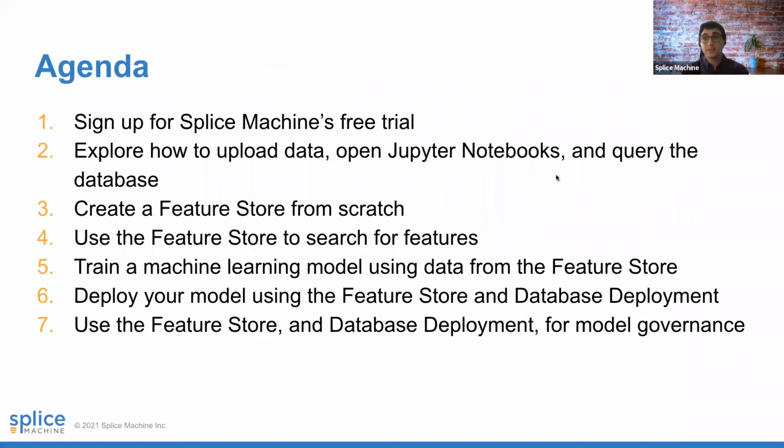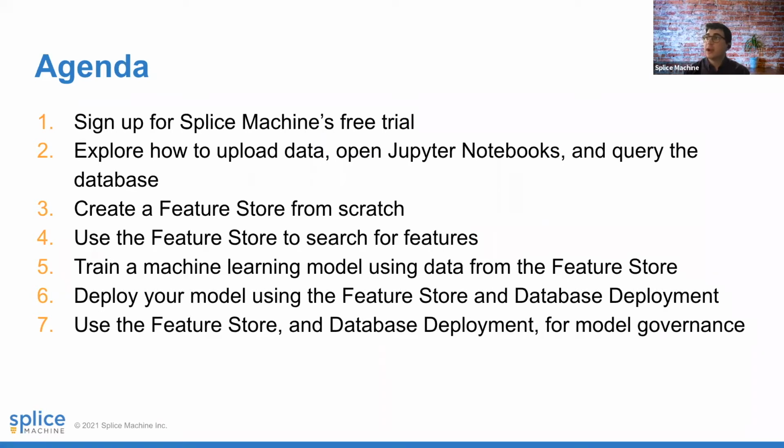And so that's enough overview of Splice Machine. Now it's time to get into the hands-on workshop, which I'm sure is why all of you joined the call today. So what's going to be the structure of the workshop? What are we going to do today? First, I'm going to walk you all through signing up for Splice Machine's free trial.